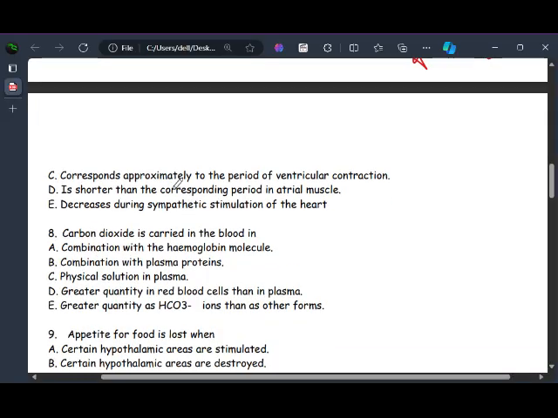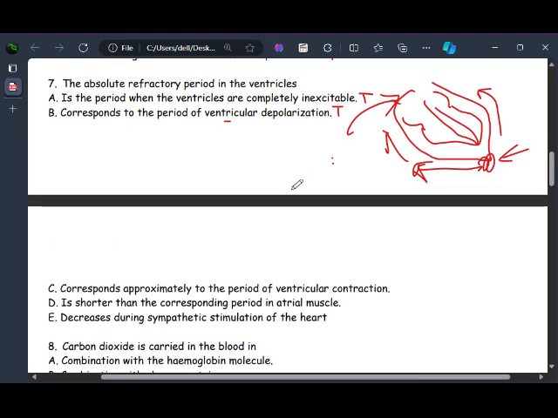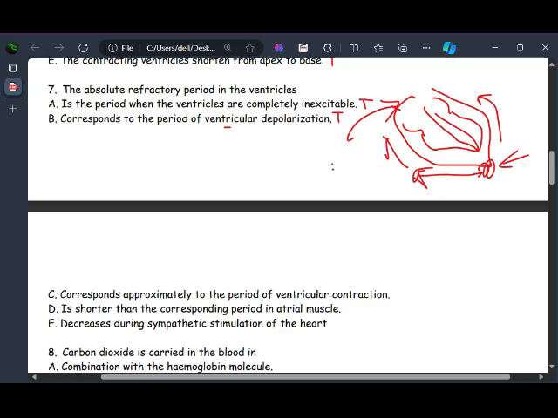Then C, corresponds approximately to the period of ventricular contraction. So what follows depolarization? Action potential. What follows action potential? It is actually a contraction of the muscle. If the depolarization has occurred in the ventricular muscles, that simply means the muscles are about to contract.